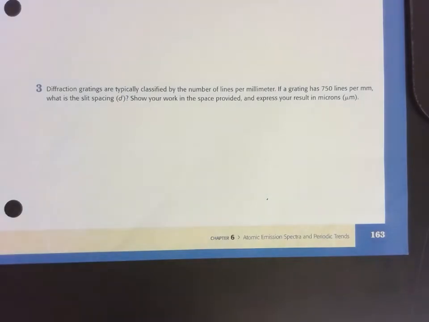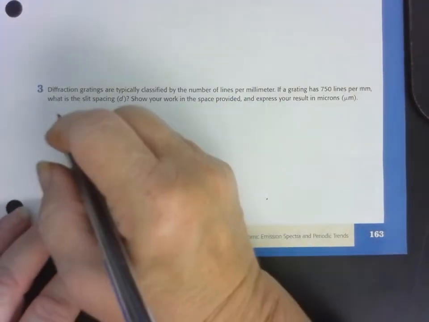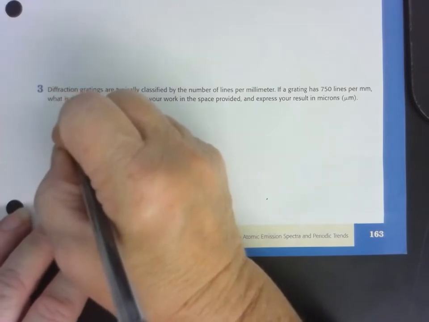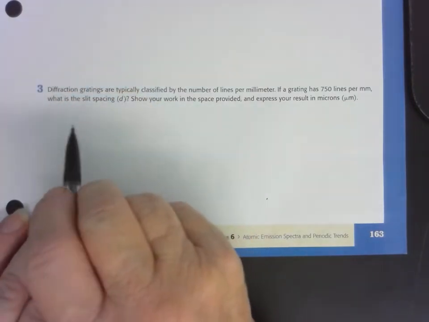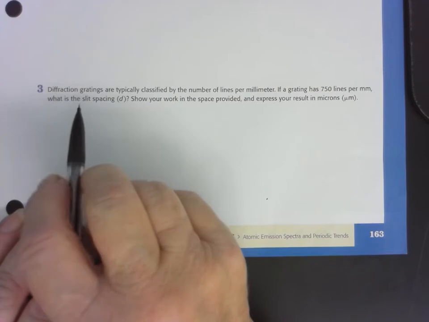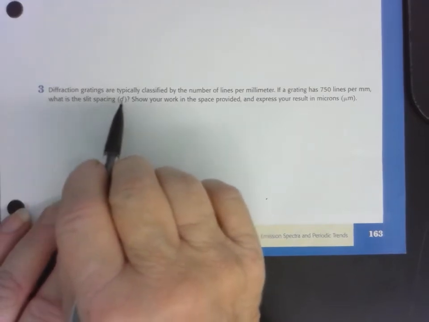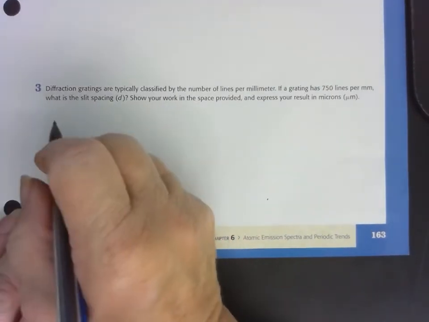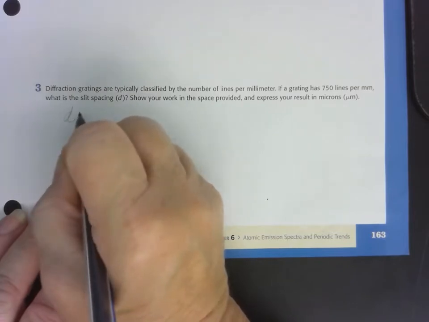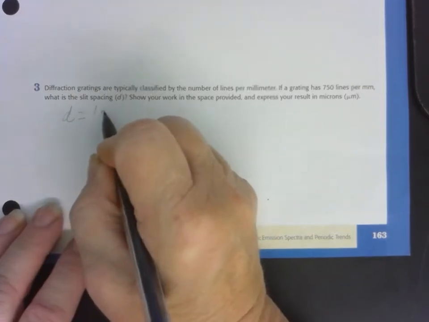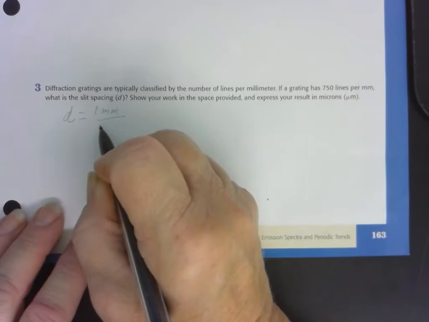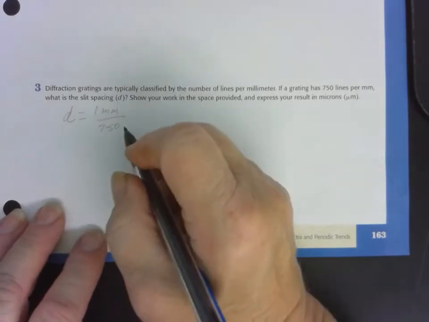So let's do that. The example has us use d, little d, for our slit spacing. So d equals 1 millimeter divided by 750 lines.